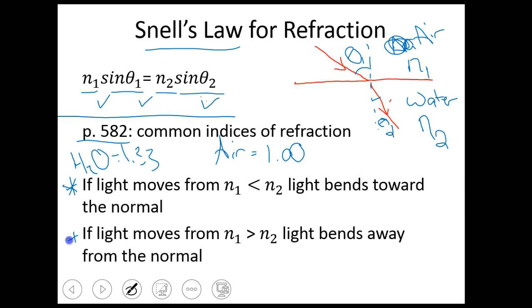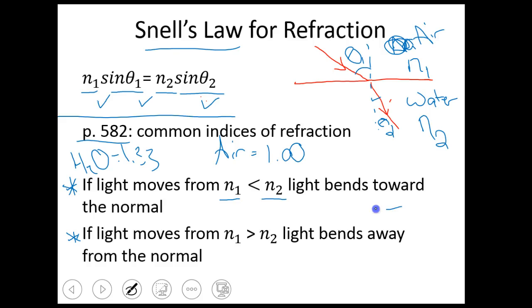So air is generally the lowest index of refraction that we'll deal with. And then everything beyond that has more matter in it, so you can think about it as having a higher index of refraction. It's kind of a reflection of the density of that material. And so if light is moving from a low index of refraction to a high index of refraction, then what we see is that that light actually bends towards the normal.